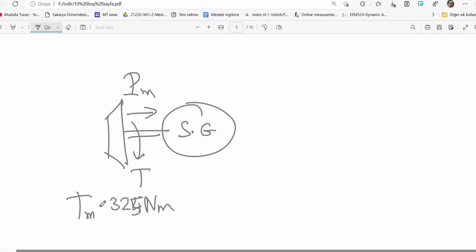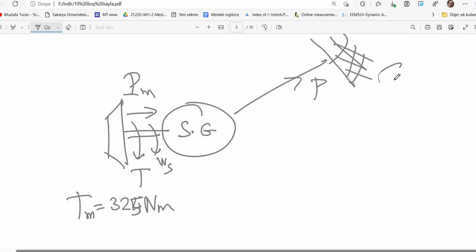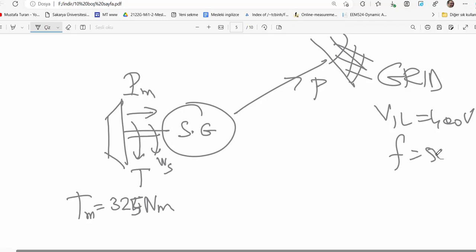That is the mechanical applied torque. And here is the angular speed of the shaft, which is synchronous speed. The machine delivers some power. Here is the infinite bus, the national grid, which has constant values like this.